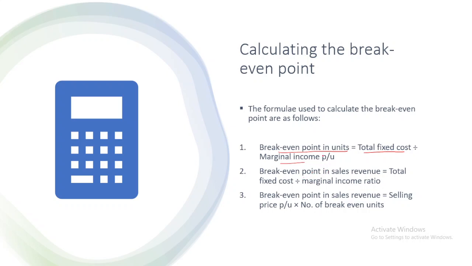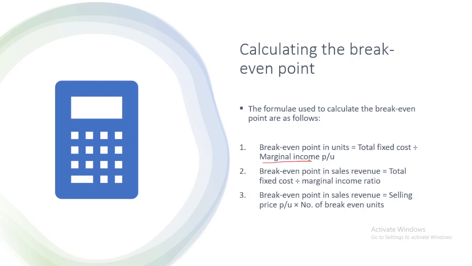So for us to identify the number of units, it's your total fixed cost divided by marginal income per unit. Let me just write this down clearly.